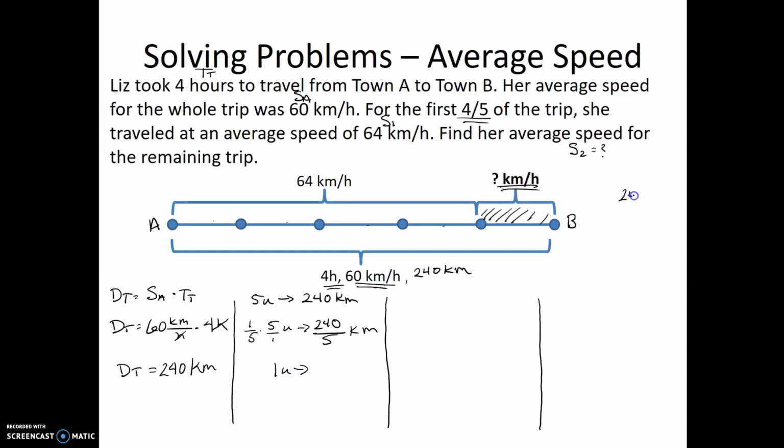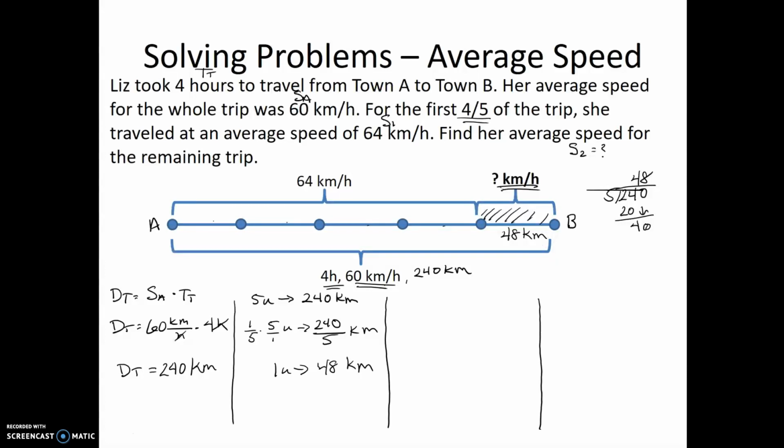Let's do that math up here. 240 divided by 5. 5 goes into 24 4 times. 4 times 5 is 20. Bring down that 0. 5 goes into 40 8 times. So 1 unit is going to be 48 kilometers. All right, I'm going to mark that right here.